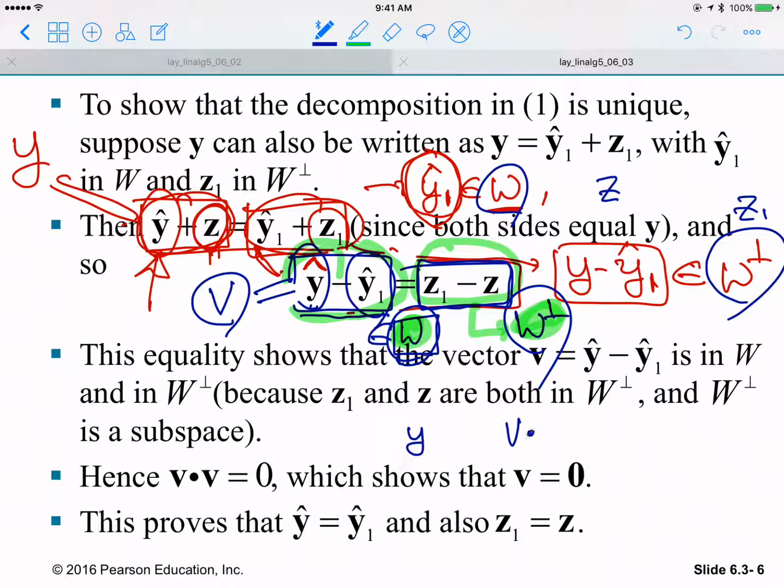So the inner product between v from the left side and v from the right hand side should be 0. The inner product between the same vector should be 0, which means this v vector should be 0.